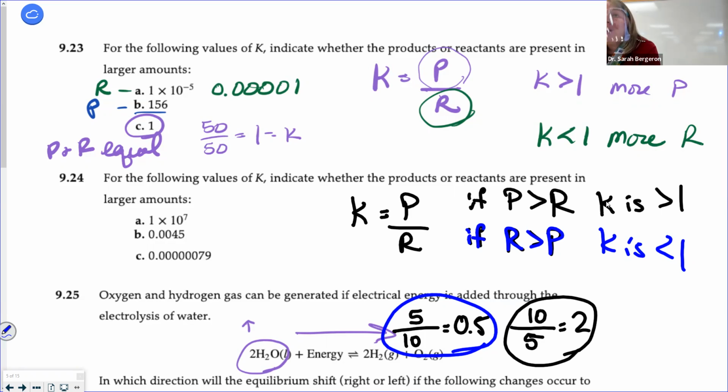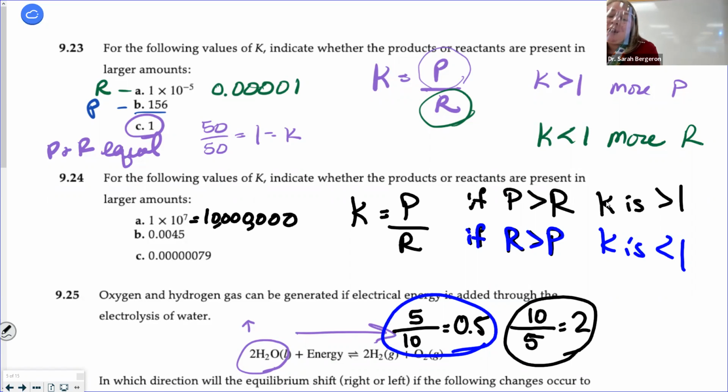So if you look at the ratio, it can tell you whether you have more products or more reactants present. So look at A. 1 times 10 to the 7th. What is that in non-scientific notation? 1 and how many zeros behind it? 3, 4, 5, 6, 7 zeros.